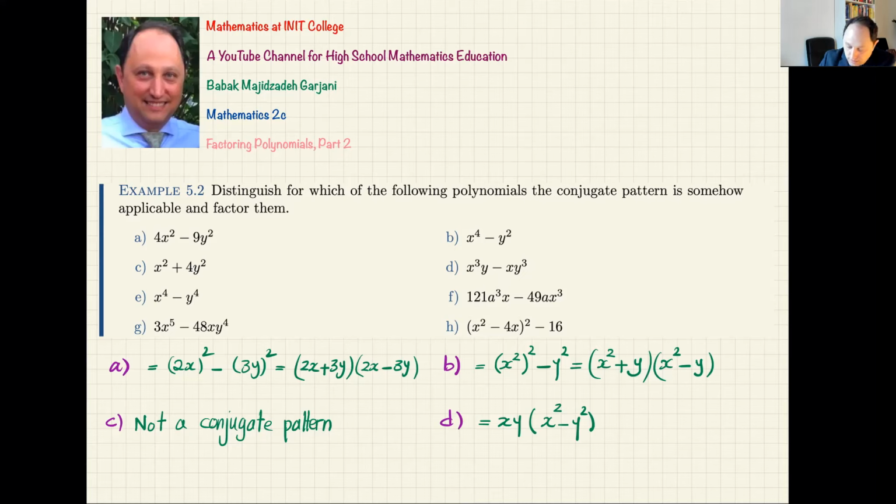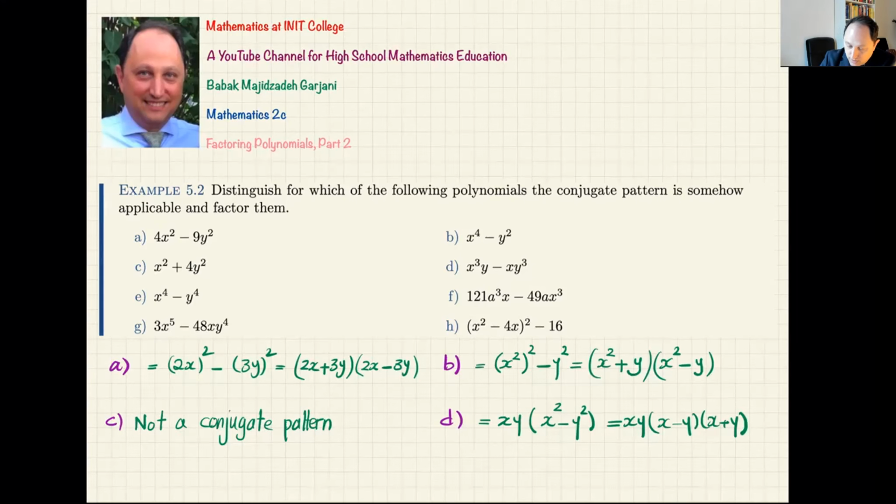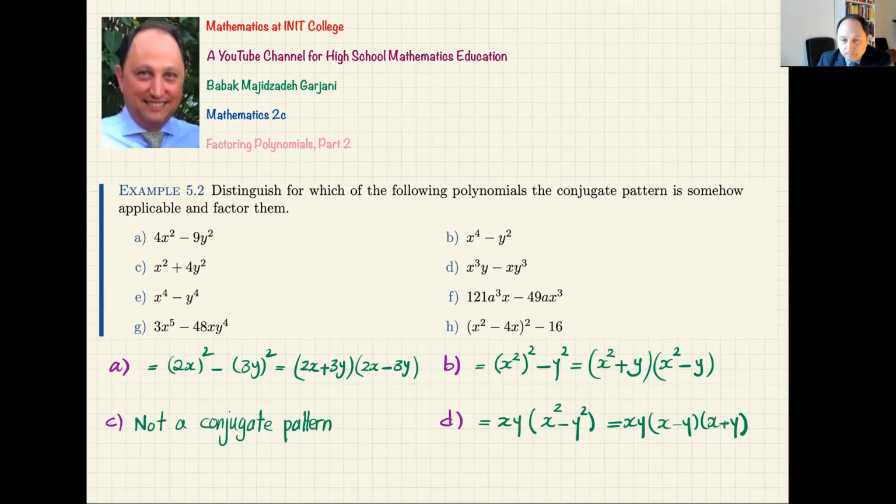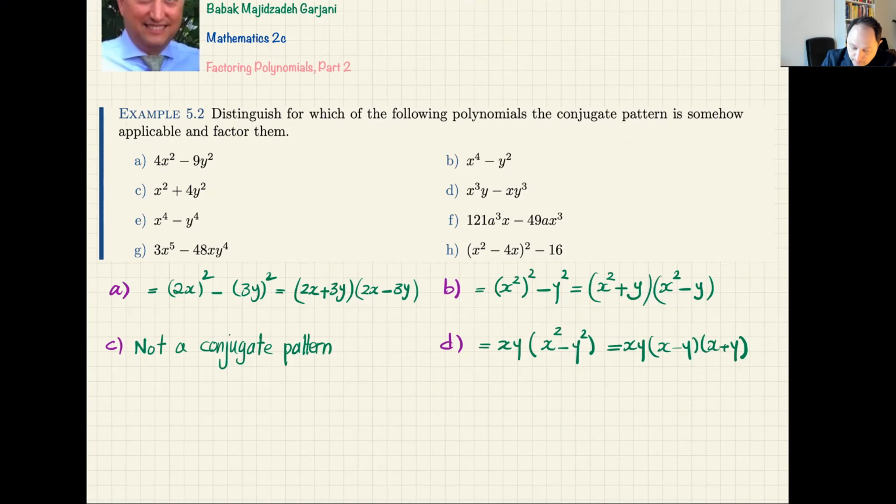So it becomes xy, and then I write (x minus y) without the explanation. I think it's easy. So this is where you have to stop. This is the complete factorization of this expression. Is that clear? Okay.